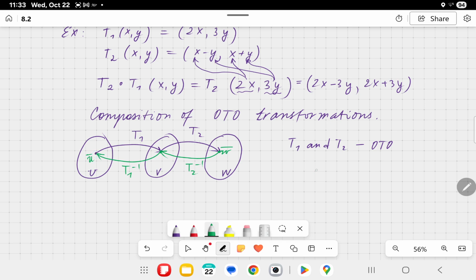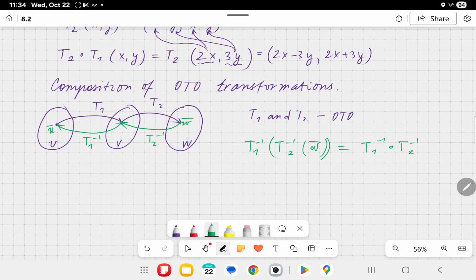How do we do it? We first apply T inverse of 2, and I'm going to put W vector here. And then we apply over it T inverse of 1. And that's going to be a composition of T inverse of 1 over T inverse of 2, right? We are going to call this whole green thing the inverse of composition.